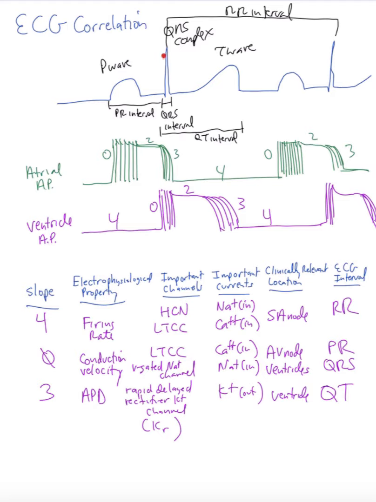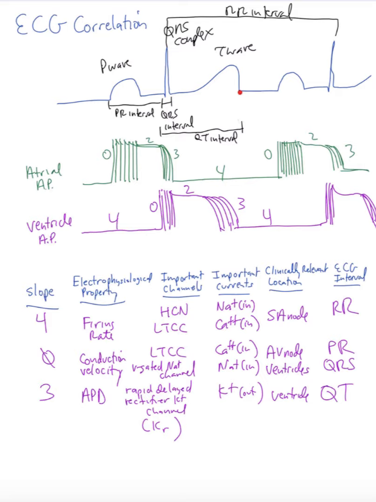I have the QRS complex, the width being the QRS interval, and the ST segment leading into the T wave, and the beginning of the QRS complex all the way to the end of the T wave we call the QT interval.